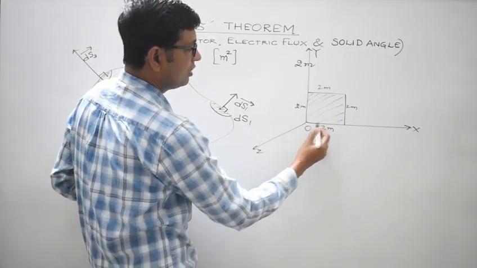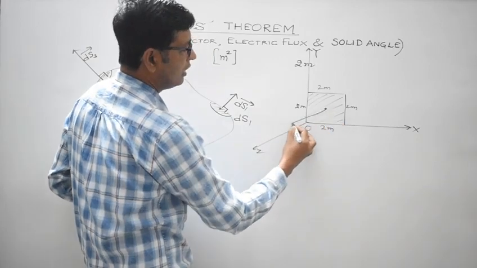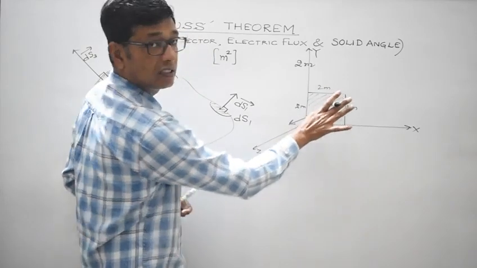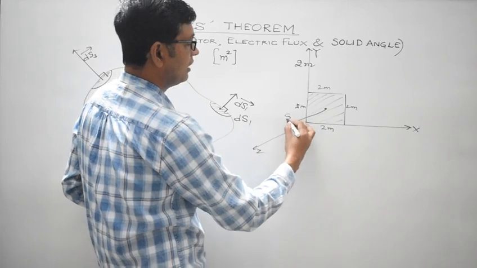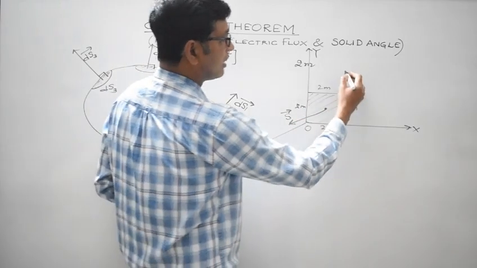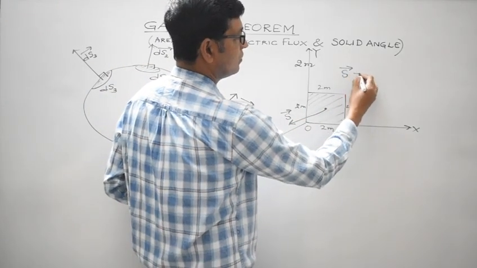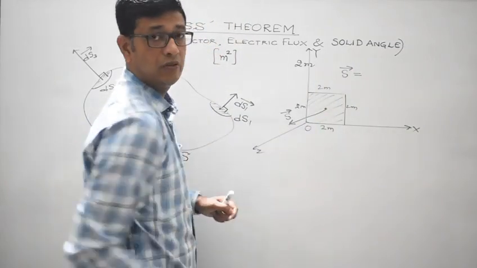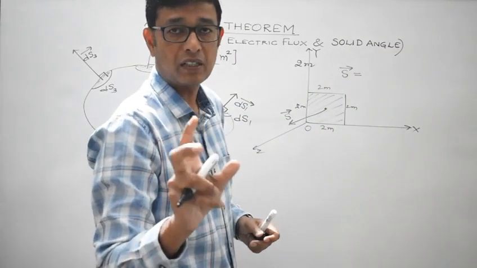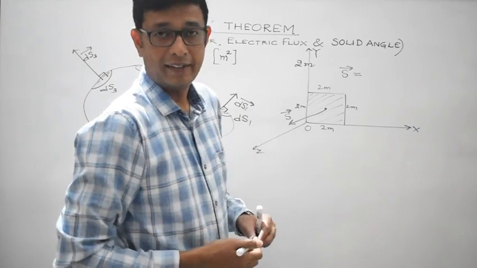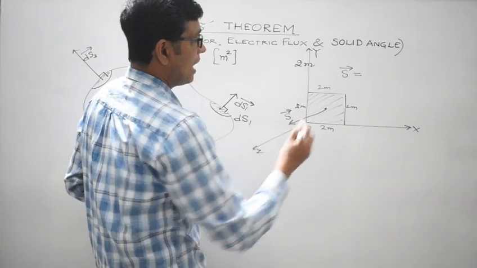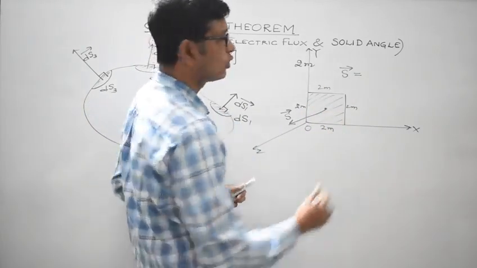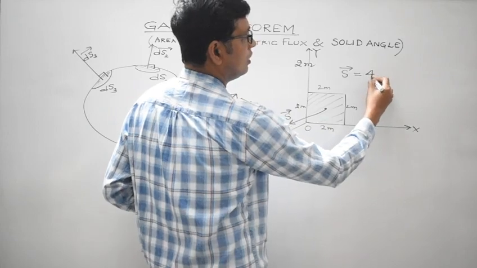So this is the origin. So this would be the area vector, parallel to Z axis, that is this direction. So this will be the area vector. So in this case, area vector would be represented as a vector consisting of two parts, magnitude part and then the direction part, isn't it? So magnitude, area of a square, it's side square, so it would be 4.